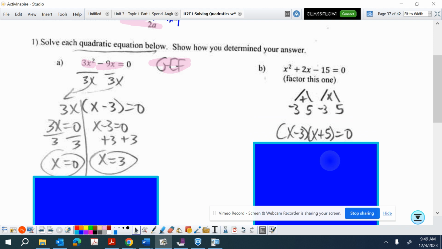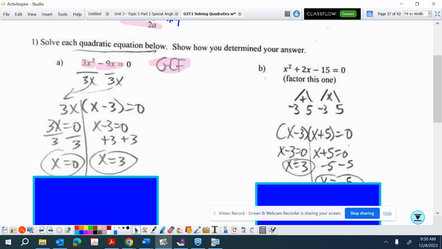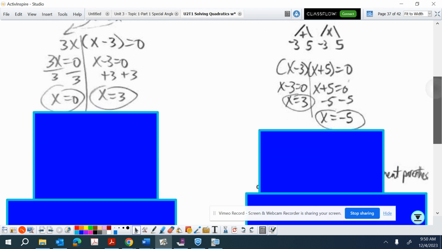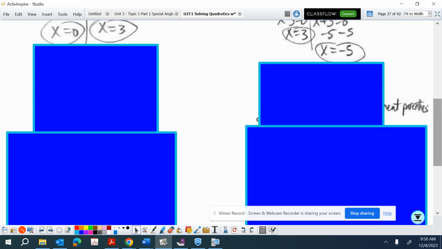Always an x in front of each parentheses, x minus 3 times x plus 5 equals 0. And then just like A, you're going to set each factor equal to 0 and solve. Again, no radical, so no need to check for extraneous.